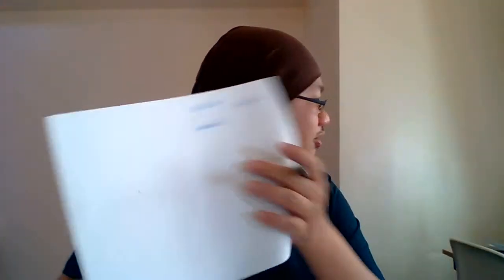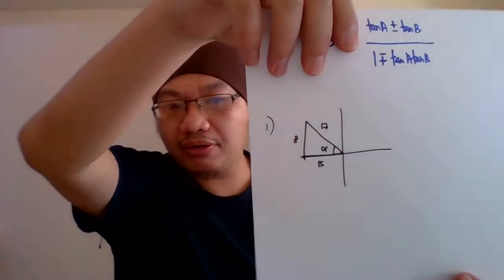Okay. So update, sine equals to opposite over hypo. Opposite is 8. Hypo 17. So how much is your adjacent? 17 squared minus 8 squared. 225, square root is 15.